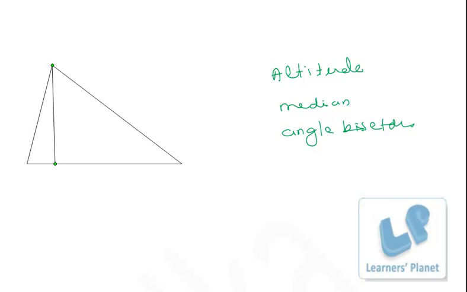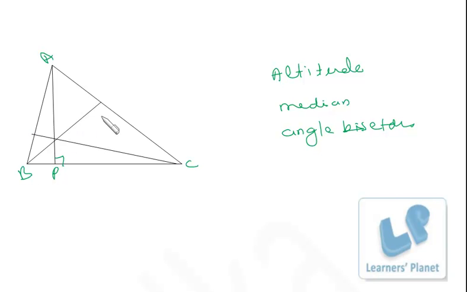So if this is triangle ABC and AP is perpendicular on side BC, then AP is the altitude. Similarly, from point B, if we drop a perpendicular on side AC, that will be the altitude on side AC. Similarly, from vertex C, if we drop a perpendicular on side AB, it will be the altitude on side AB.